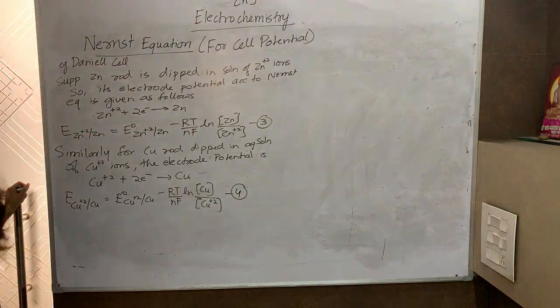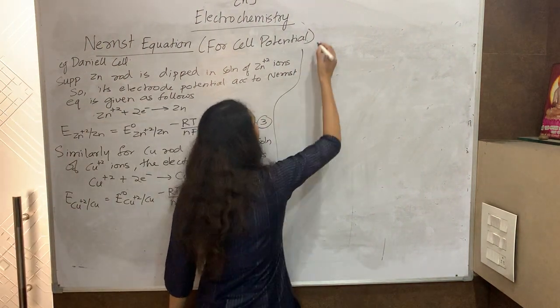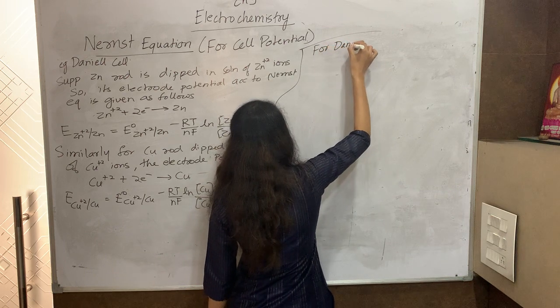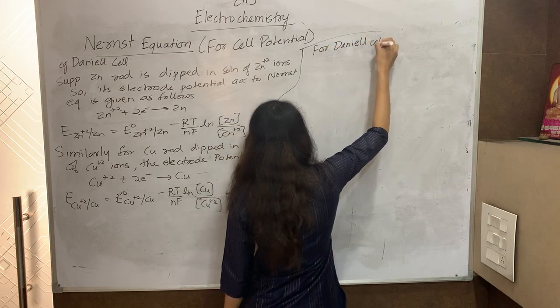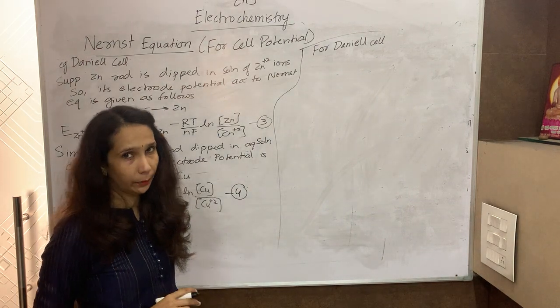Now I consider I have set up a Daniell cell. Now for the Daniell cell, I am connecting the two rods. That means zinc electrode and copper electrode are connected through a galvanometer.